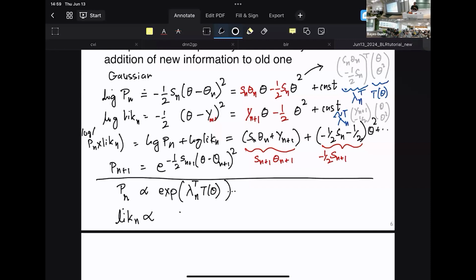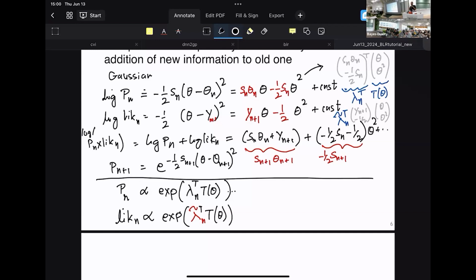The likelihood is again written in the same exponential form, but I usually use a tilde here. The reason for using tilde is because it's not a distribution over theta, it's a distribution over y, right? So somehow it has flipped, and it's not normalizable with respect to theta. So that's why I'm using tilde.